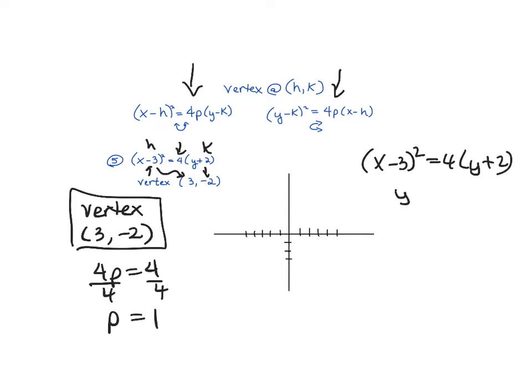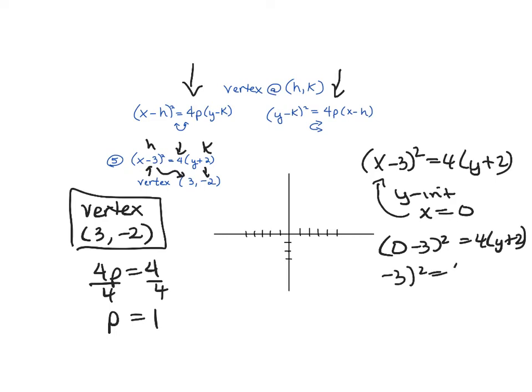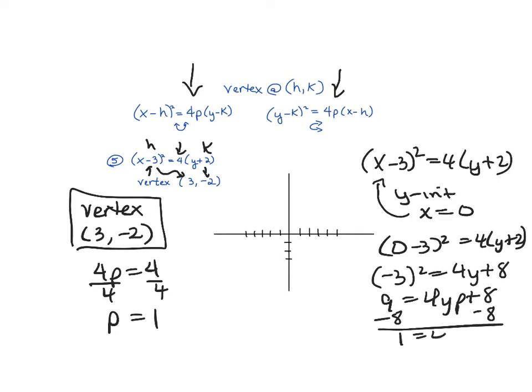So remember, to find a y-intercept, we set x equal to 0. So I'm going to plug in a 0 here. 0 minus 3 squared equals 4 times y plus 2. Negative 3 squared is 9, and I'm going to distribute. 9 equals 4y plus 8. Subtract the 8. 1 equals 4y.